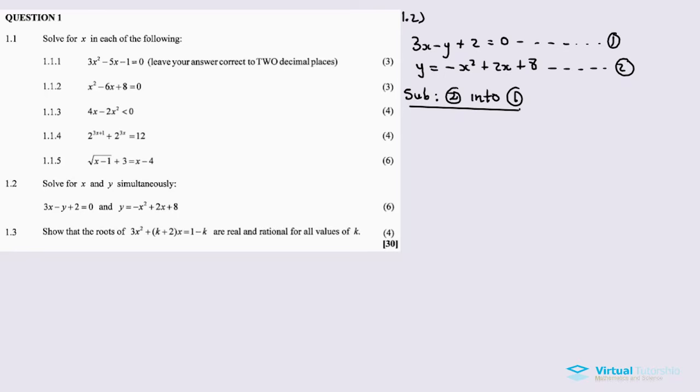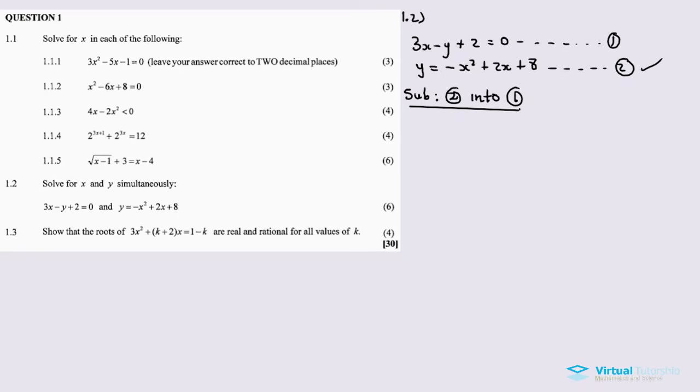In some instances your equation might be like y minus x plus x squared plus 2x equals 8. Then you need to make x or y the subject of the formula using equation 1 or equation 2. Here equation 2 is expressed as y equals something.